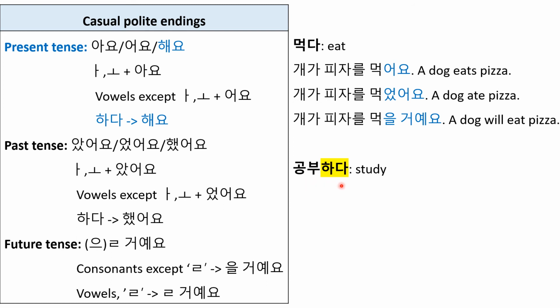공부하다 ends with 하다. If a verb ends with 하다, the verb ending is changed into 해요. So, 공부하다 should be changed into 공부해요.